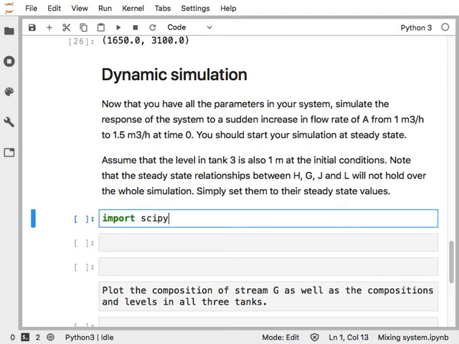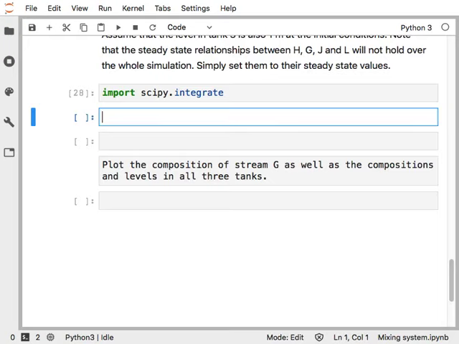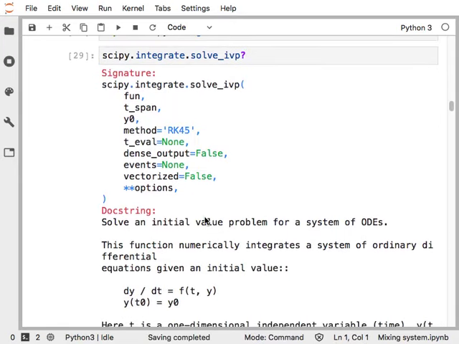Now, I know that I'm going to use scipy.integrate, and I know that I need the function scipy.integrate.solve_ivp. So I'm just going to check exactly what is going on here, just to remind myself, because I know odeint and solve_ivp are slightly different.